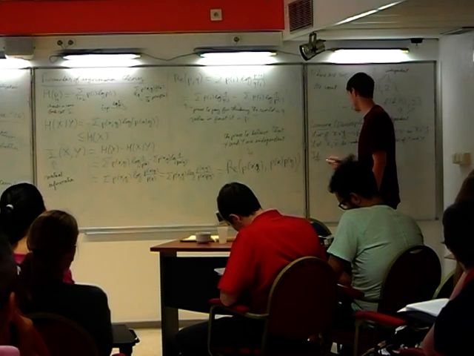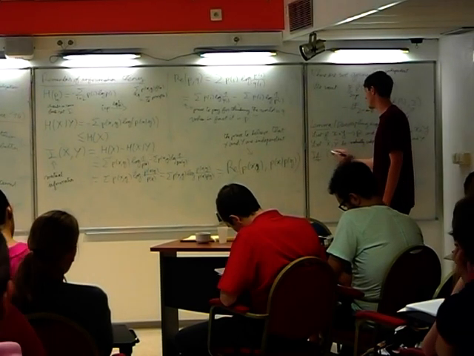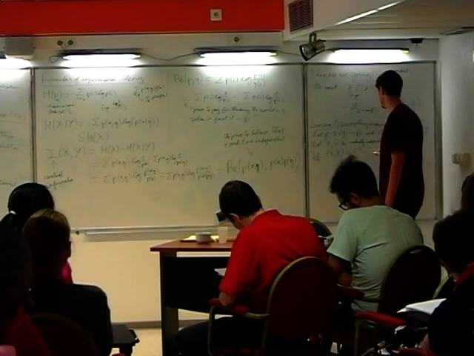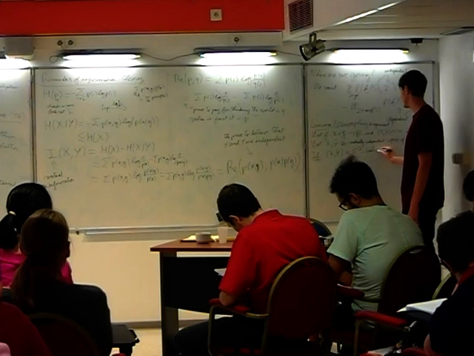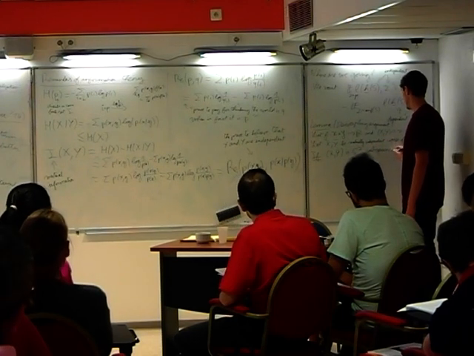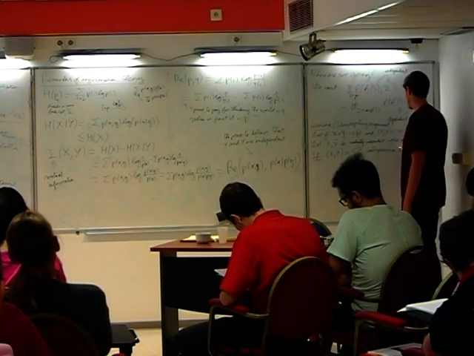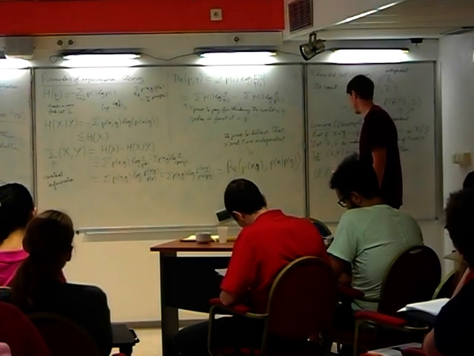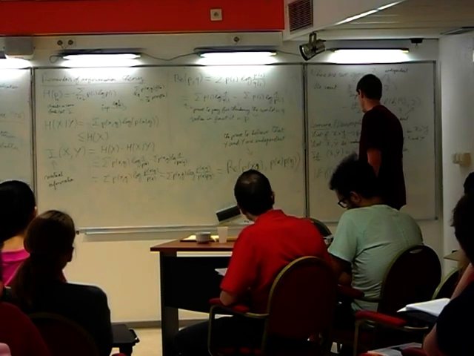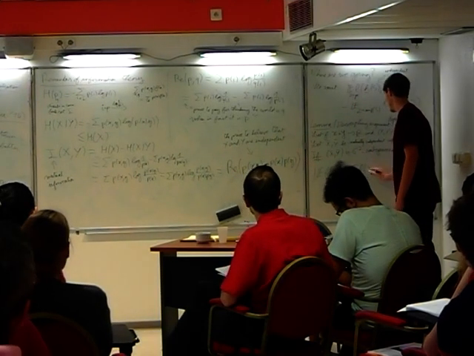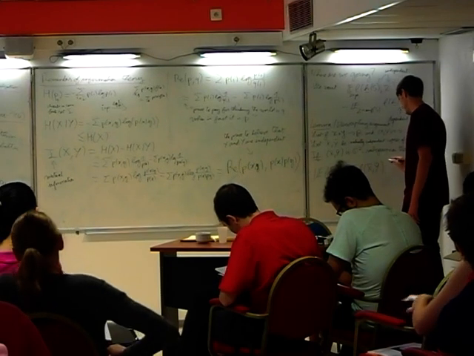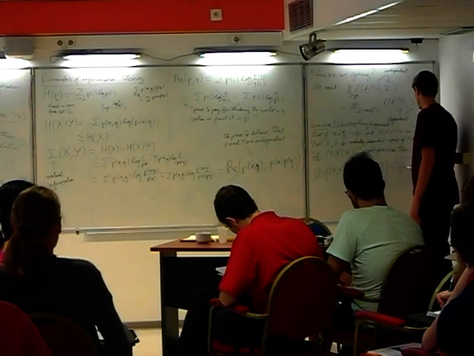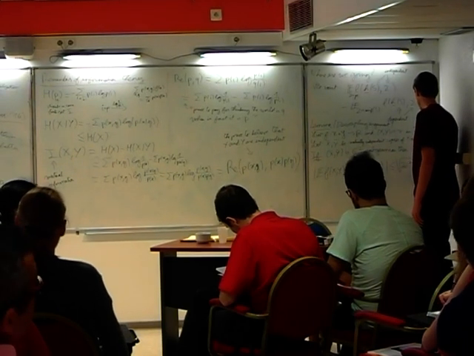If f of x bar, y bar is sigma squared sub-Gaussian, I'm going to explain what this means in a minute, but for the moment, take it like this. Then the difference between the expectation of f of x, y and the expectation of f of x bar, y bar is going to be bounded by the square root of 2 sigma squared times the mutual information between x and y.